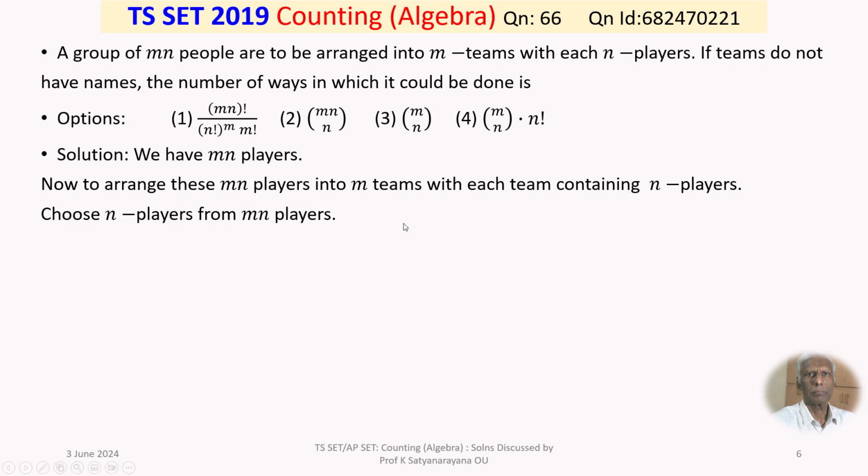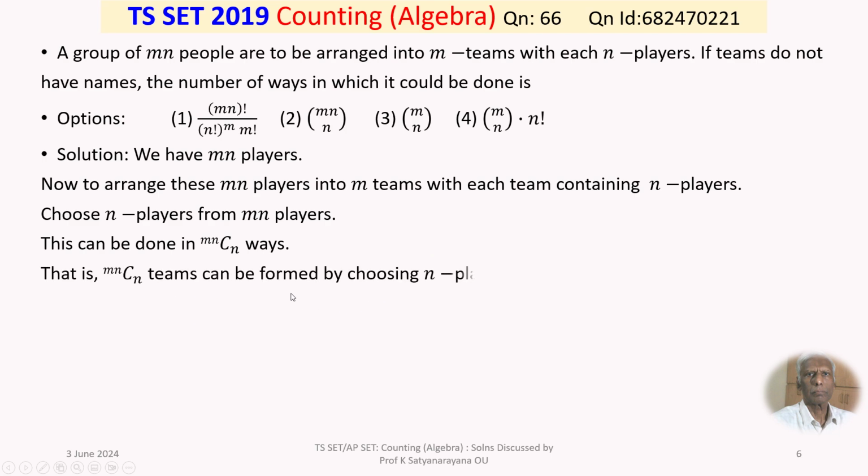In how many ways can you do that? This can be done in mn Cn ways. Agreed. So n players you have already chosen. So how many players are remaining? mn minus n. So mn Cn teams can be formed by choosing n players, right?